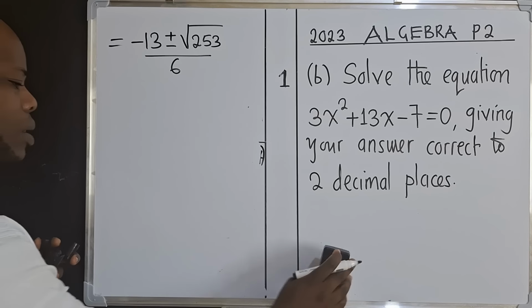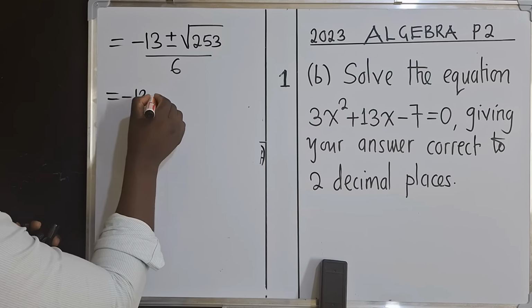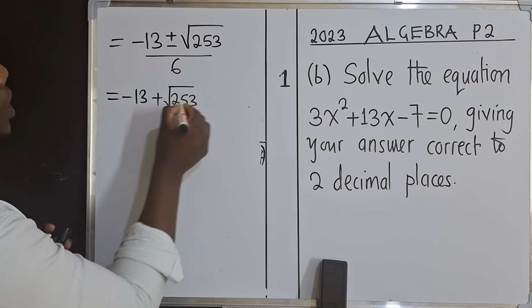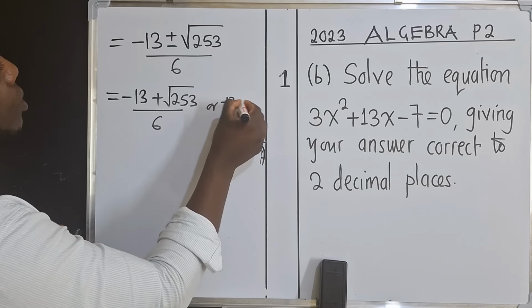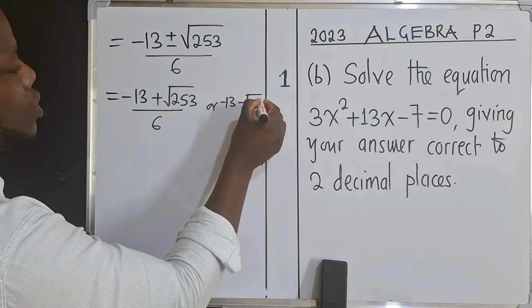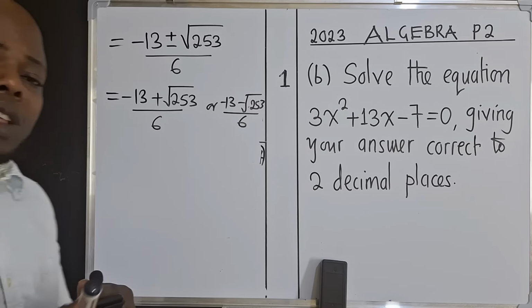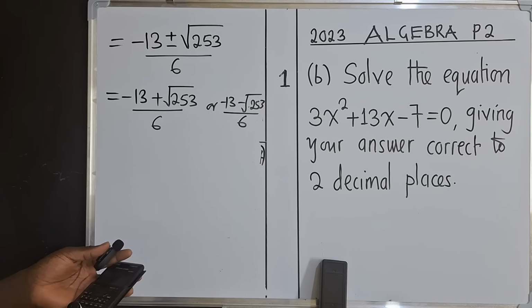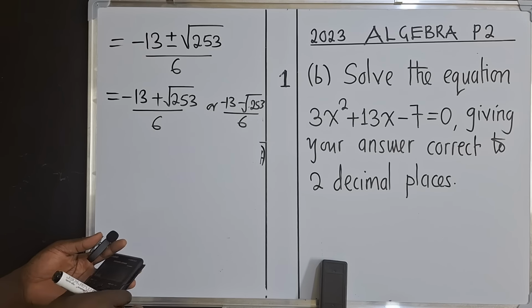So from here, we can say negative 13 plus square root of 253 over 6, or negative 13 minus square root of 253 over 6. That's it. So from here, we work out what is on top there.